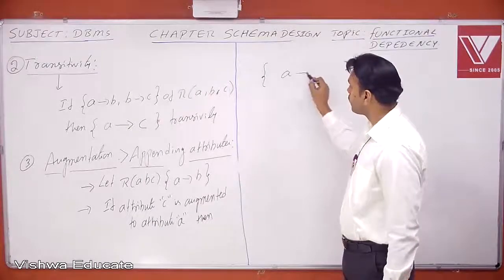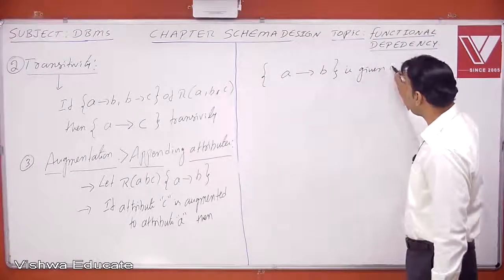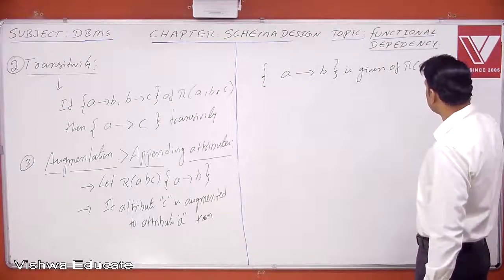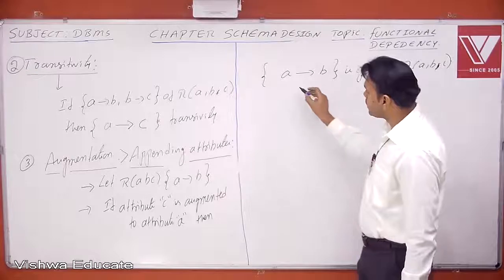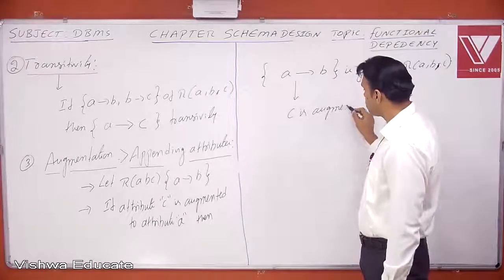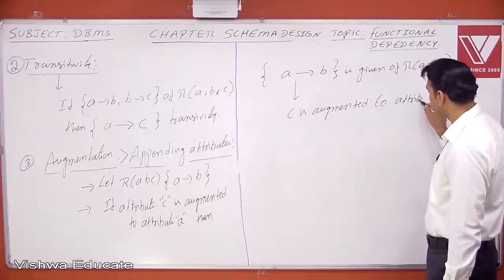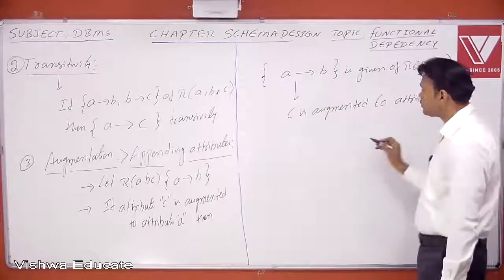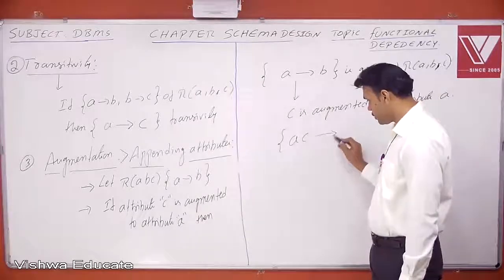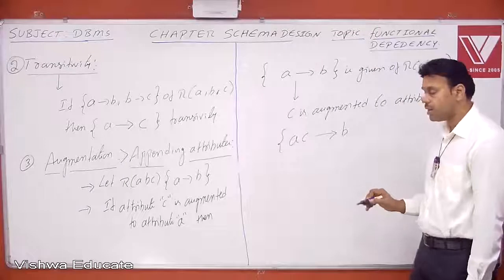Then the new production will be like this. A to B is given of R of A, B, C, and C is augmented to attribute A. Therefore AC gives, already B is there, you drop it.